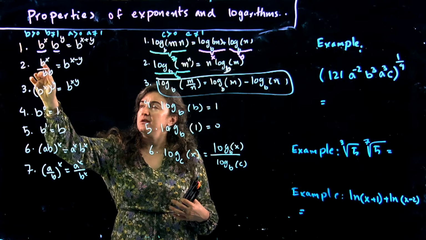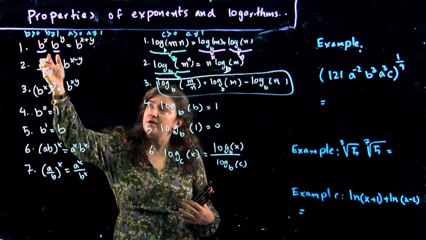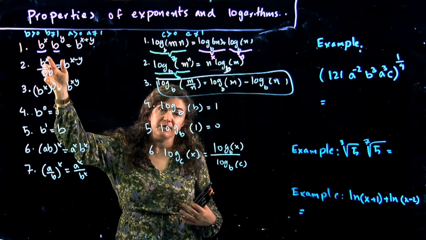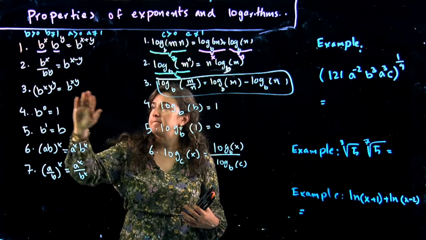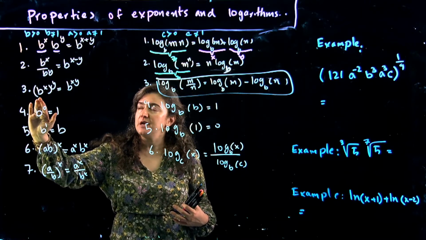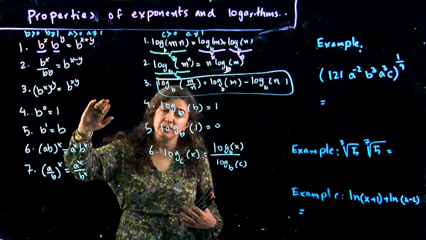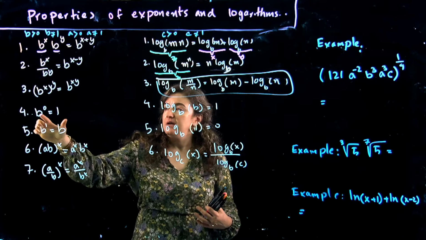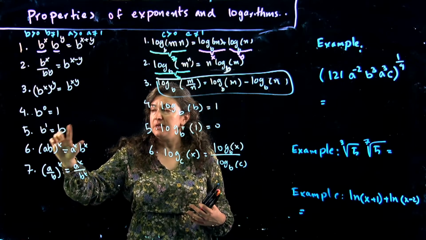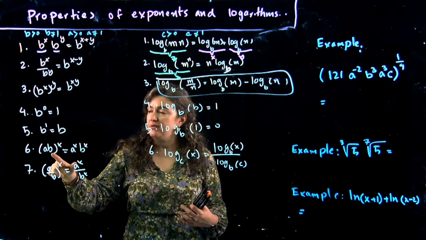And this one is telling you the division of same base, different powers, then base to the power of the difference. This one tells you that the base to a power to another power, the powers multiply. Base to power 0 is 1. Base to power 1 is itself.